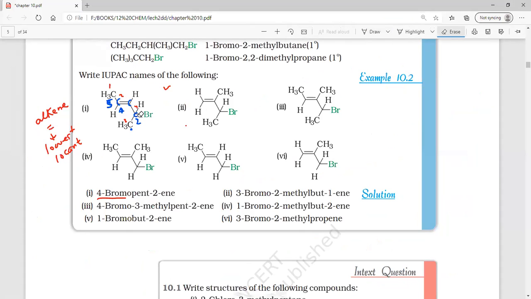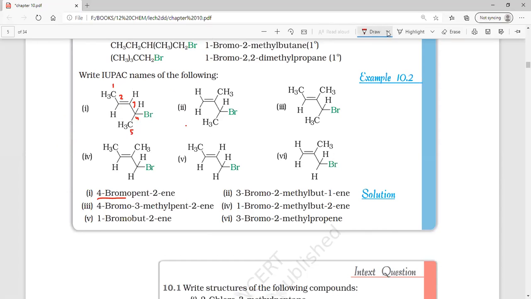So I was saying that there are two ways of naming this chain. One is you count from this side 1, 2, 3, 4 and 5.